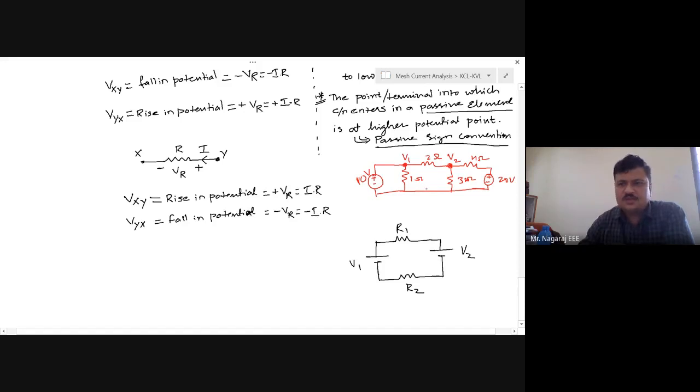The first assumption I will make is always the direction of current. Remember one thing: for a given circuit with fixed values of circuit elements, the magnitude of current in each element is always fixed. Only the assumed direction may be reversed.